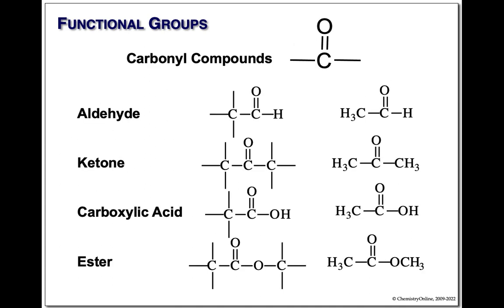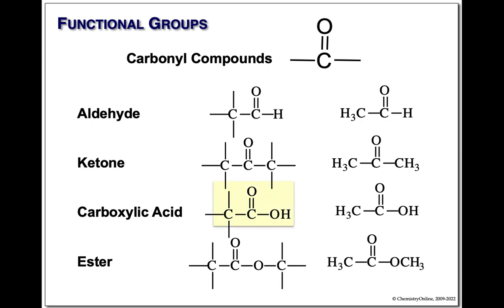If we take a carbon and double bond it to an oxygen, we get what's called a carbonyl compound. These are differentiated by what's attached out here to one side. So if we have a hydrogen, it's an aldehyde. We have 2 carbons, it's a ketone. If we have an OH, it's a carboxylic acid. This is an ester.